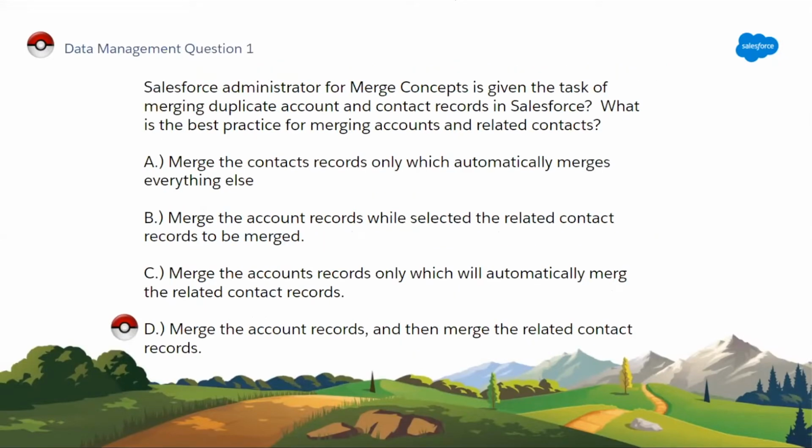And question I have here, as a Salesforce administrator, for merge concepts, you're given the task of merging the account and contact records, options A, B, C, and D. What would be the correct answer for that?